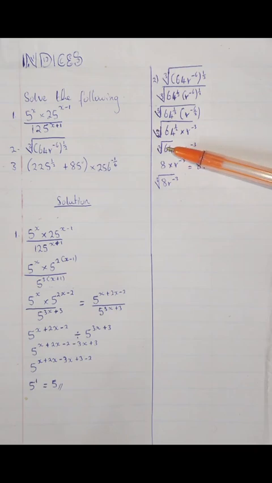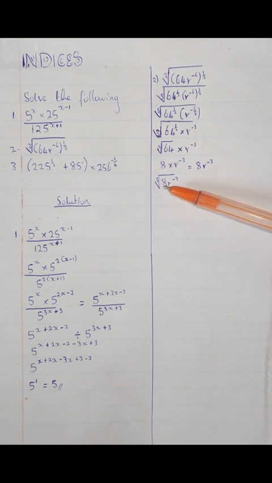So anything raised to the power of 1 over 3 means cube root. Now we are having cube root here. We can express 8r to the power of minus 3 in terms of power, meaning that we will be having 8r to the power of minus 3 raised to the power of 1 over 3, since it is cube root.